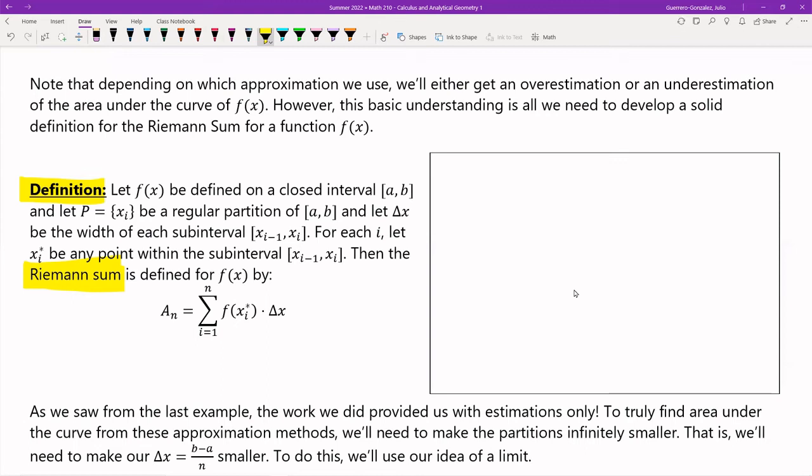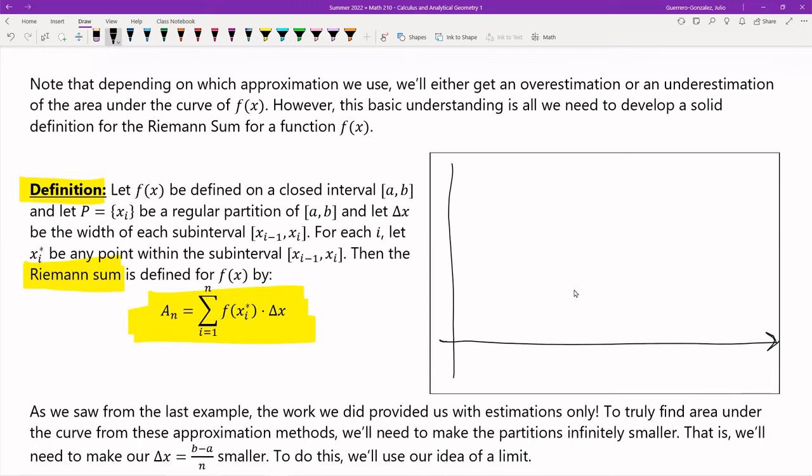Then the Riemann sum is defined for f of x by this function right here. Let me explain what this means. It's not anything different from the left endpoint and the right endpoint approximation, but this is now a much more general definition of those areas.